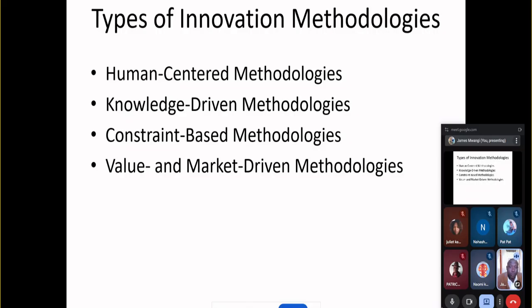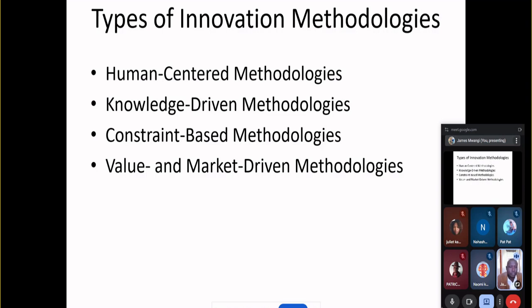And then you have knowledge-driven methodologies. Then you have constraint-based methodologies. And you have value and market-driven methodologies.